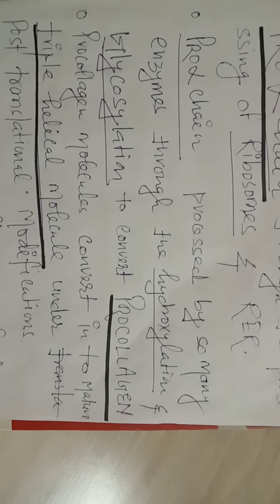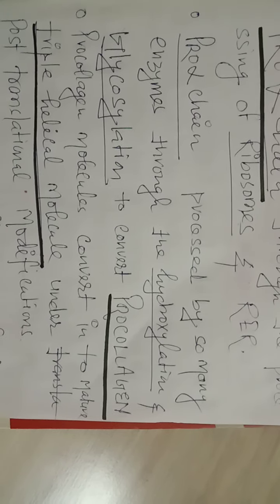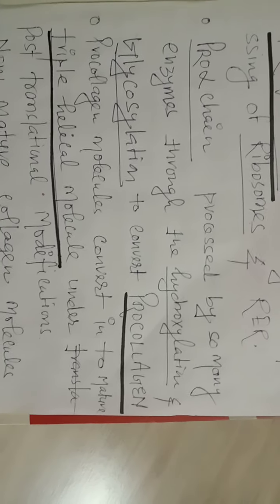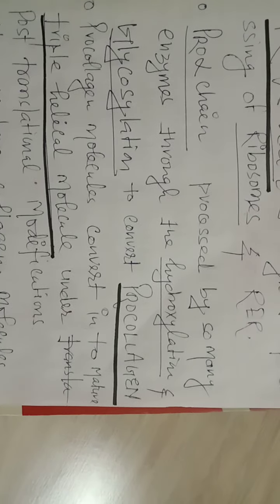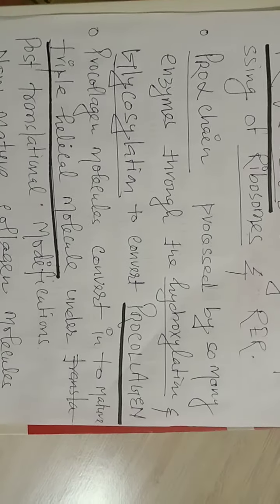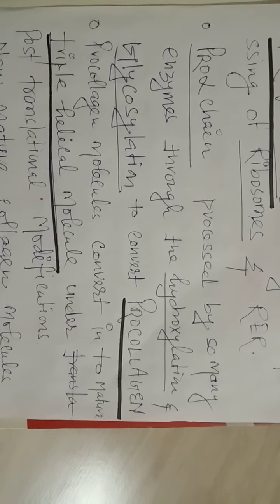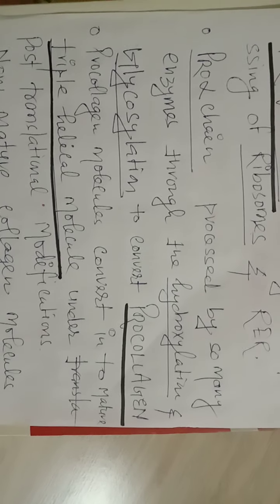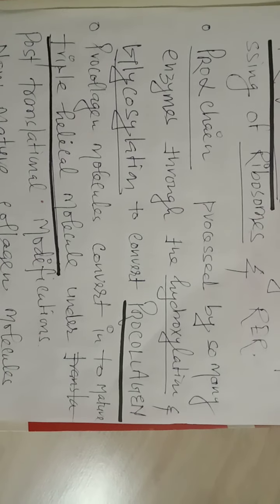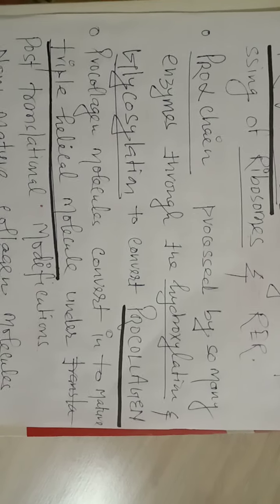Post-translational modification means the modifications which happen after the synthesis of the protein structure. As you know, during the genetics process, there is the central molecular dogma: first replication, formation of DNA from DNA is replication, and DNA to RNA is transcription, and RNA to formation of a particular polypeptide, peptide or protein is called translation.